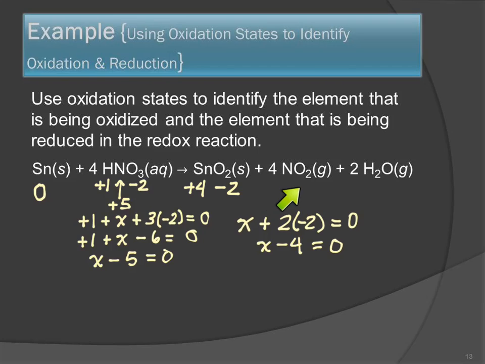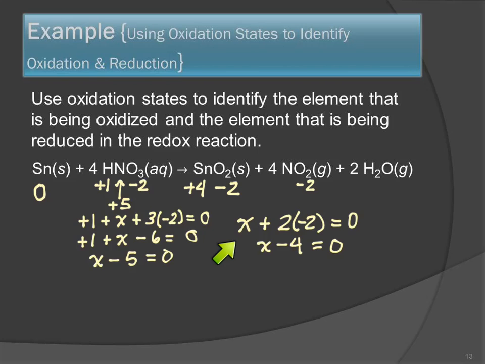Over here we have NO2, 2 nonmetals. The order is fluorine, hydrogen, oxygen. So oxygen gets to be -2. And what's the nitrogen going to be? The oxidation numbers for the two oxygens and the nitrogen have to add up to 0.